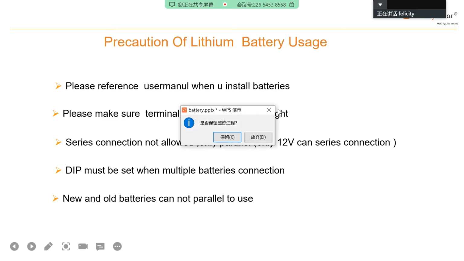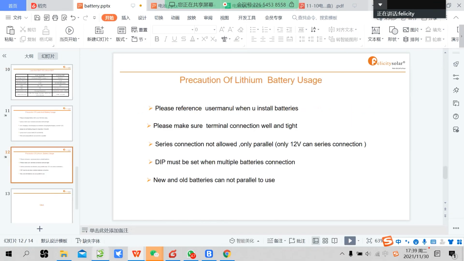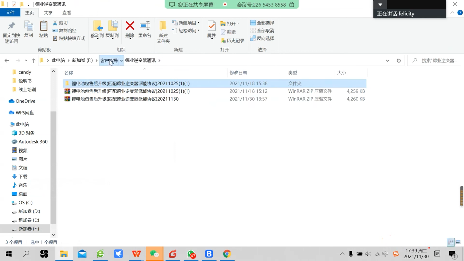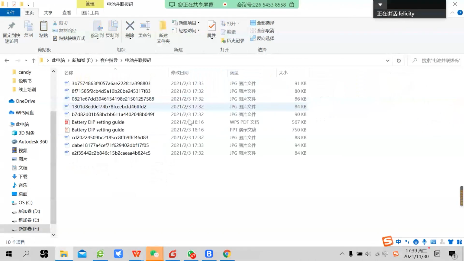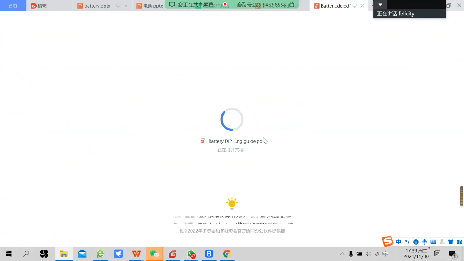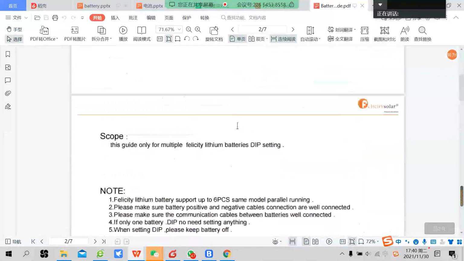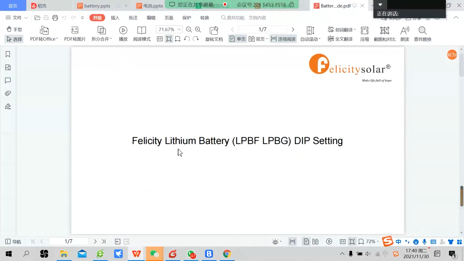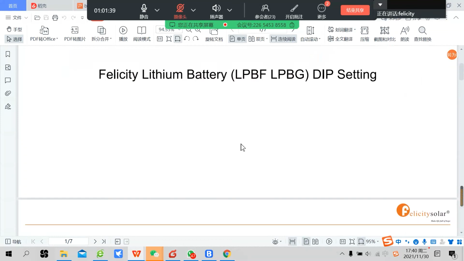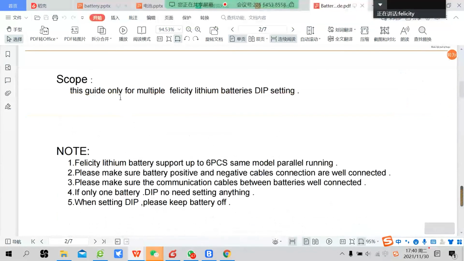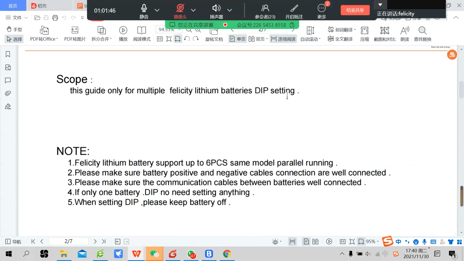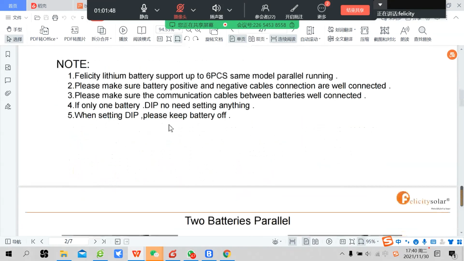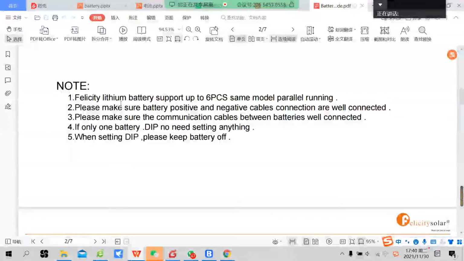Okay, so now I will show you the DIP. What is DIP? Here I made a PDF document: Felicity lithium battery DIP setting. This guide is only for multiple Felicity lithium battery DIP setting. Supports up to 6 pieces.